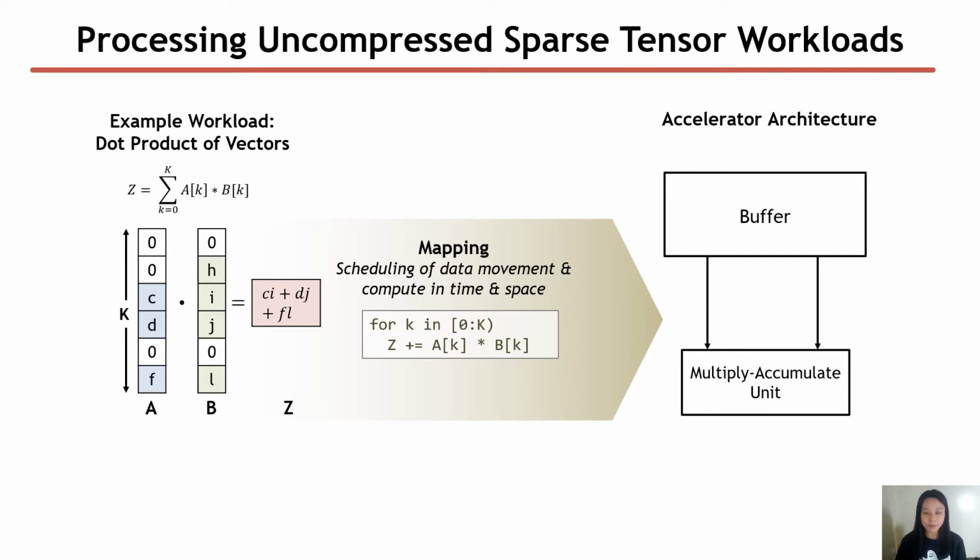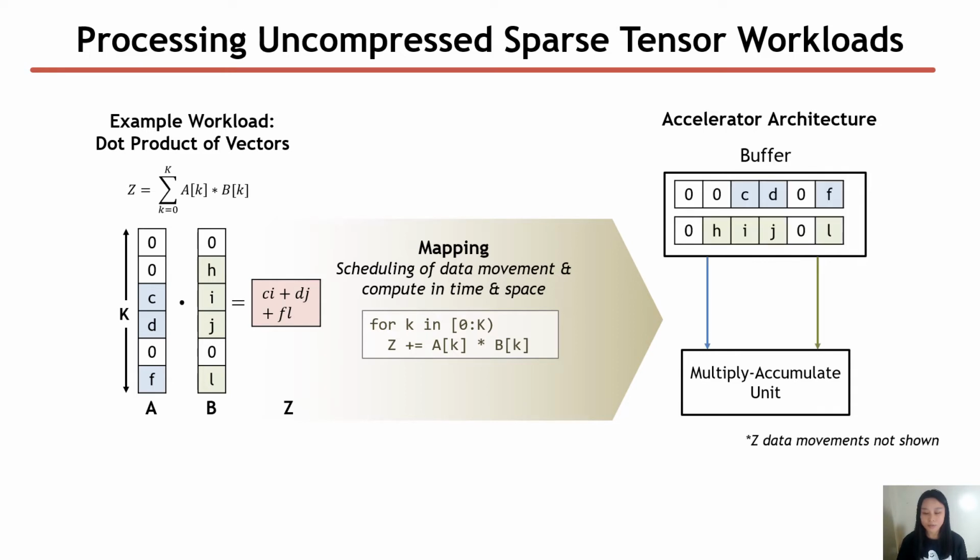So how is this mapping realized on our architecture? Essentially, we will first store the vectors a and b in the buffer, and across time, we will access the corresponding entries like this. In time step 1, we are accessing the first entries in vectors a and b according to the mapping, and these two values are sent to the multiply accumulation unit to perform computation. The computation here is essentially 0 times 0, and we also accumulate this value.